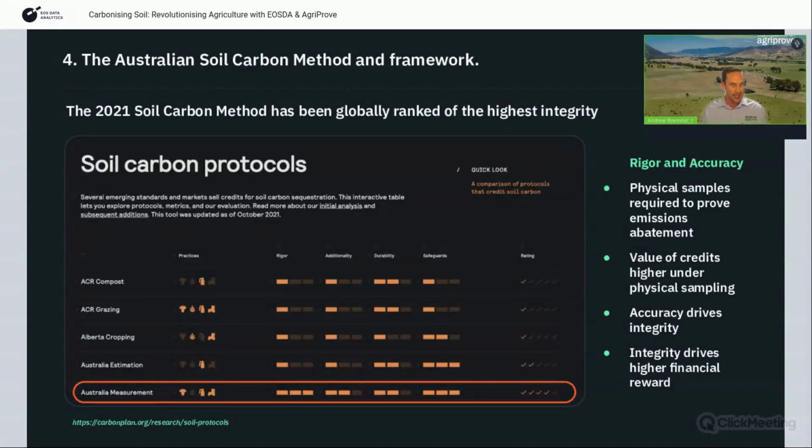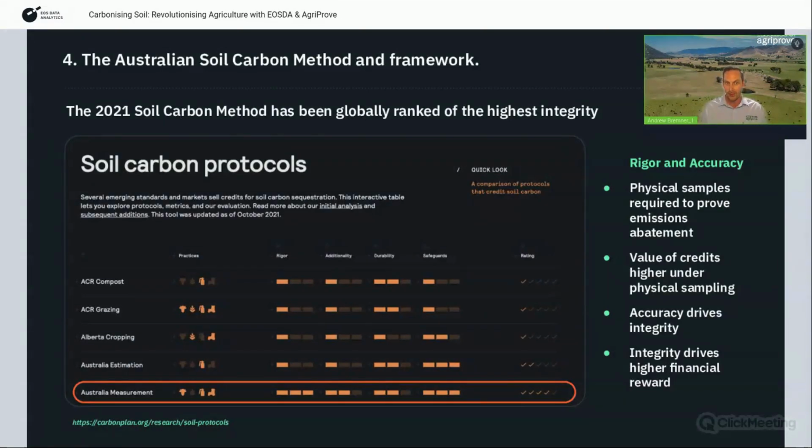The Australian carbon method is a measurement-based approach that requires physical soil sampling, and it seeks to drive accuracy in measurement, validate genuine abatement, and provide high integrity credits.